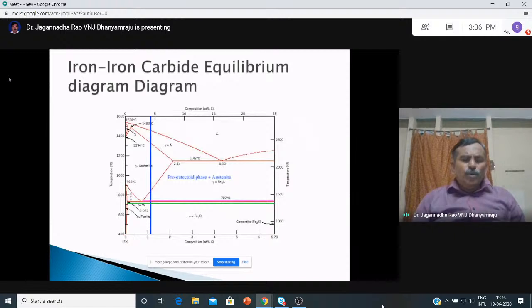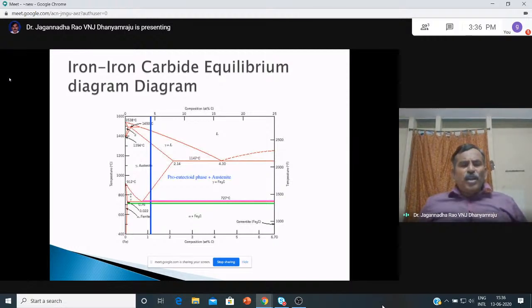So when you come to the iron carbon alloys, especially steels, at lower temperatures and in the hypoeutectoid region, you will get, finally at room temperature, alpha and perlite, ferrite and perlite.